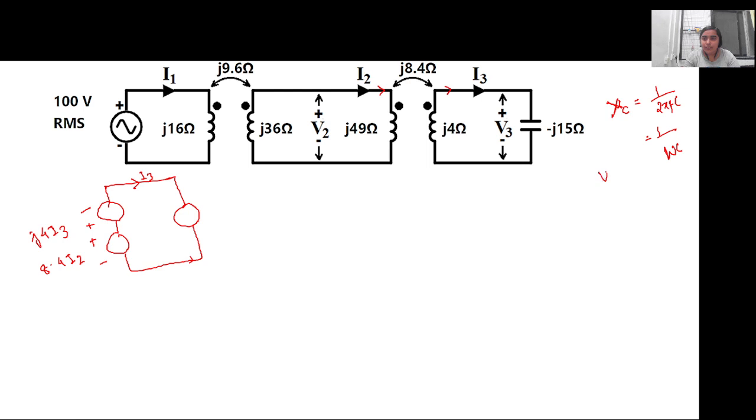So the voltage will be I into XC, sorry, I into 1 by j omega C. Now this particular factor is given as minus j15, right? Is it fine? So the voltage here will be minus j15 into I2. Ma'am, it is I3, ma'am. Sorry, yes, I3.